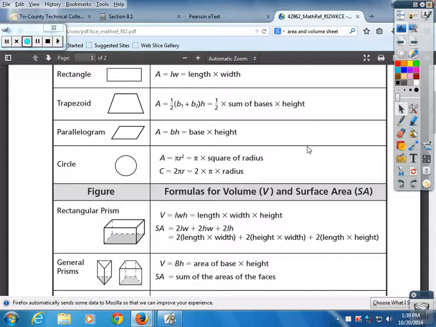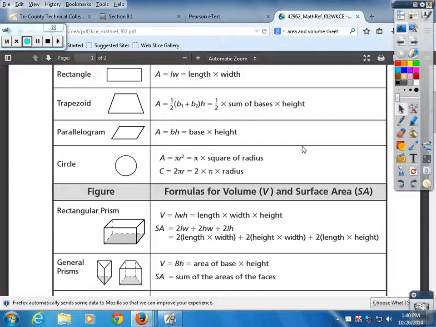Now, when you use pi, I would highly suggest that you use the pi button on your calculator. Do not use 3.14 unless the directions specify to use 3.14. Because if the directions do not specify 3.14, then that means they're using the 10-digit pi, which is 3.14159723, blah, blah, blah.